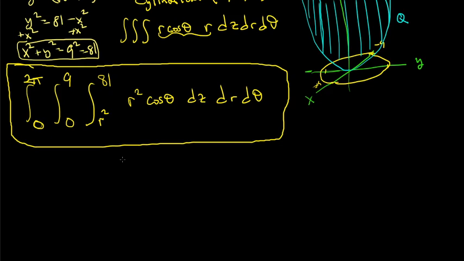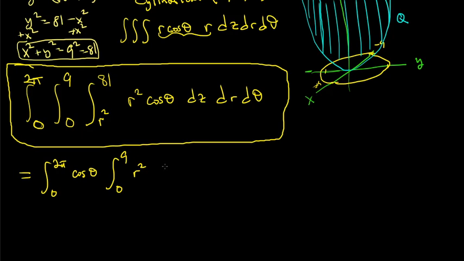So let's go ahead and do it. For the outside integral from 0 to 2 pi, we're just integrating the cosine of theta, and nothing else depends on that. For the r integral from 0 to 9, we're doing r squared, and nothing else depends on that.